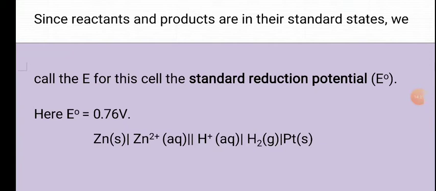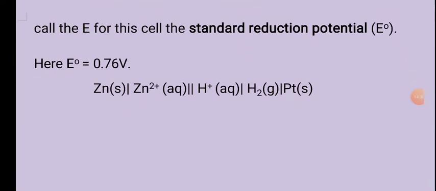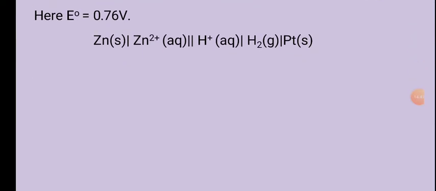In general, the hydrogen electrode is considered the standard electrode, and its standard reduction potential, that is E0, is 0 when the molarity of the H plus ion is 1 molar. Now for this zinc system, zinc to zinc 2 plus, the reduction potential is 0.76 volt.